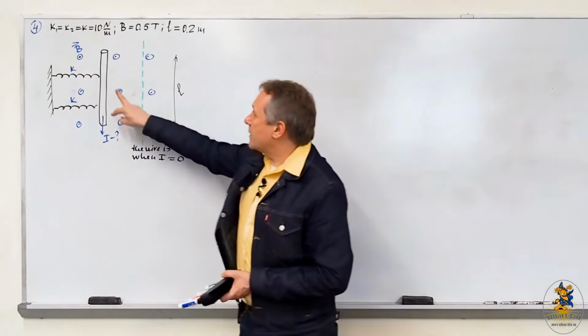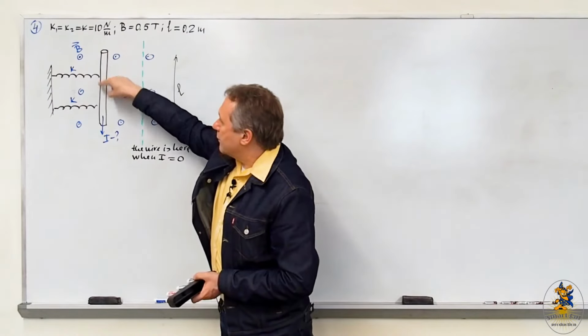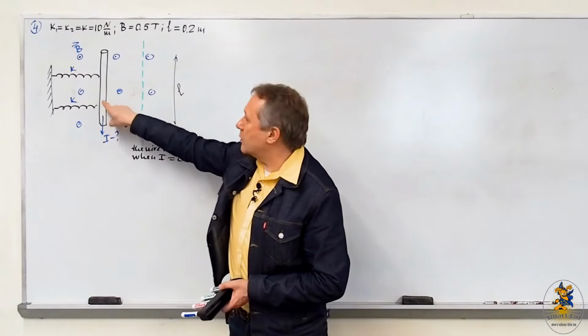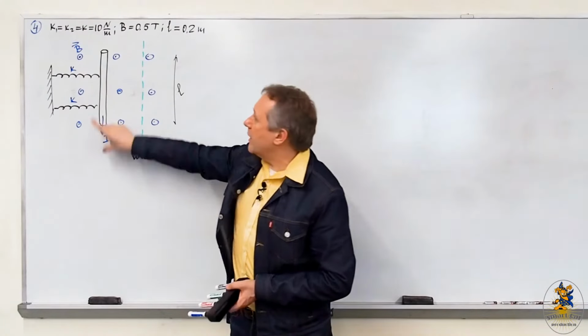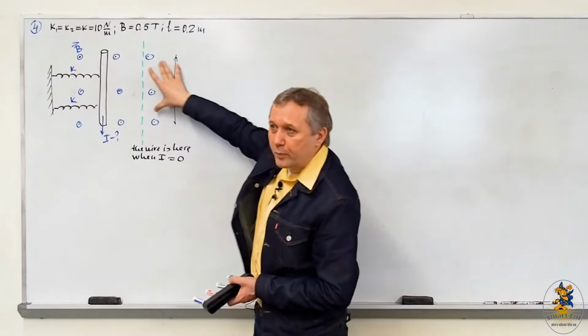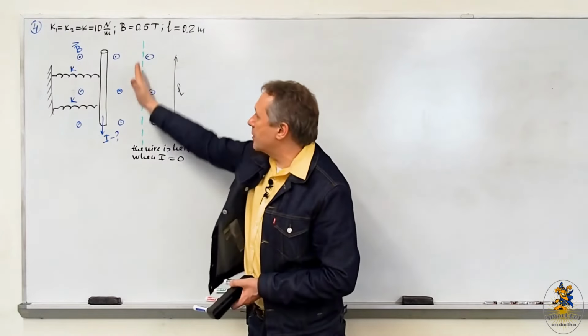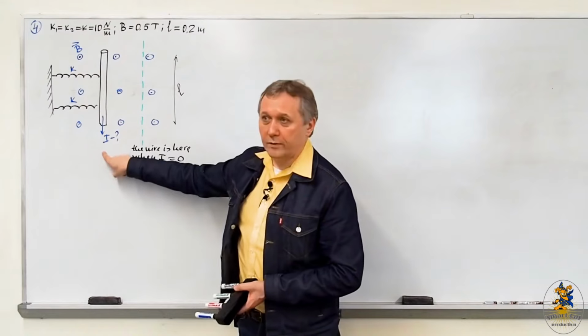It's basically very simple. If we turn off the current, the magnetic force acting on the wire will be 0. And there are two spring forces which will push this wire to this position. So this is the equilibrium position of this wire when the current is off.